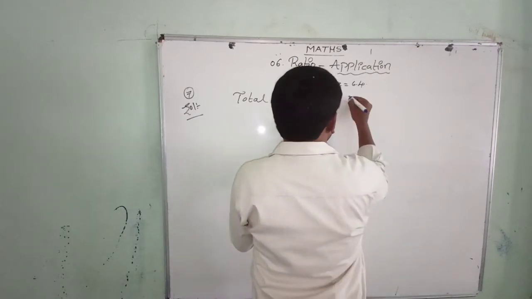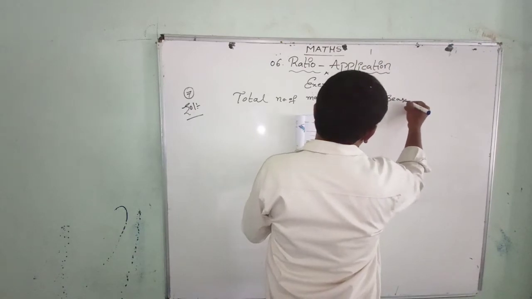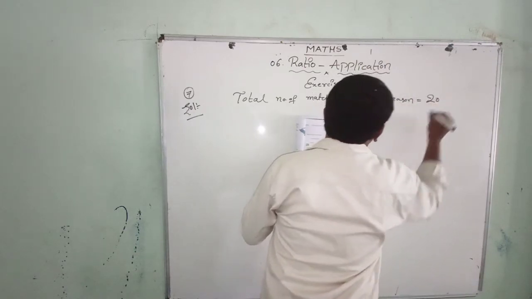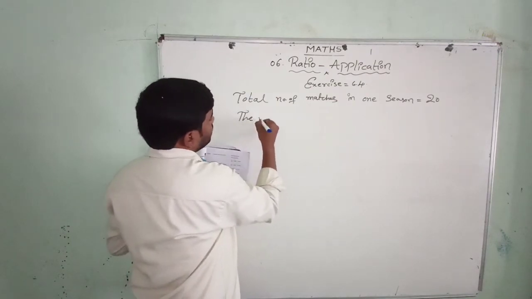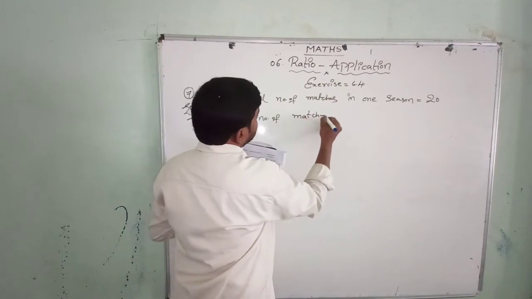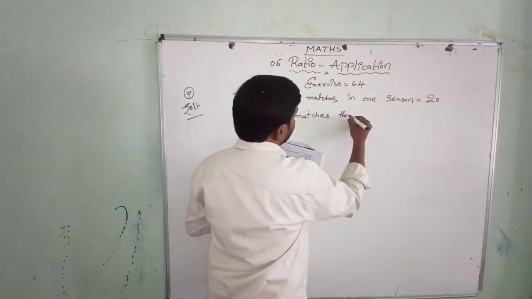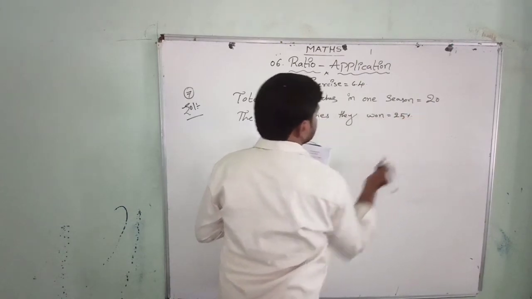So the 7th question solution: the total number of matches in one season equals 20. The number of matches they won equals 25%.